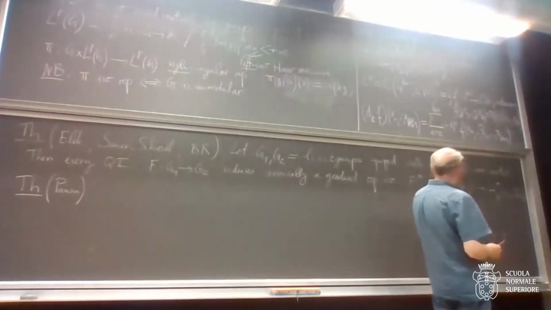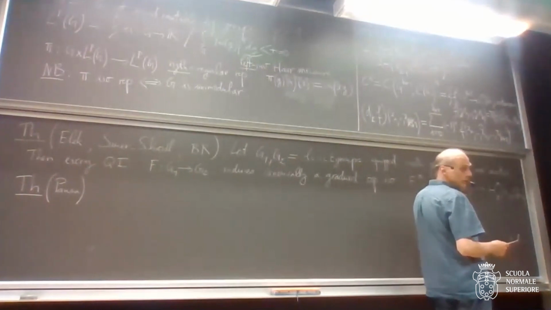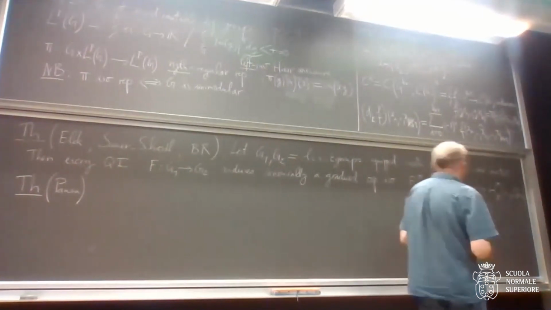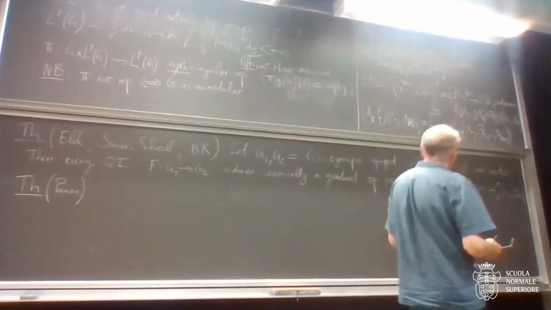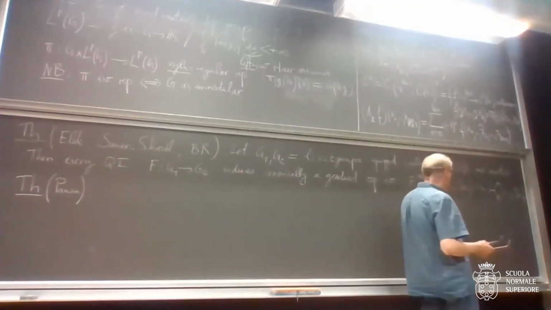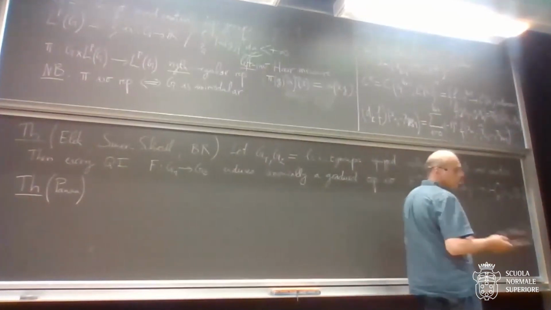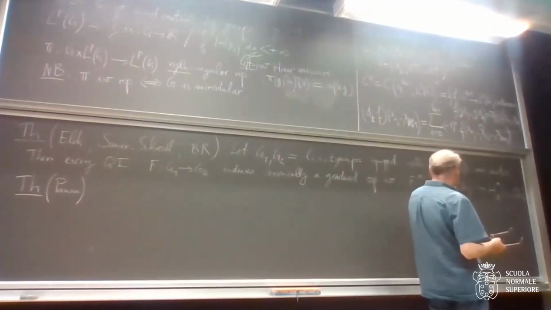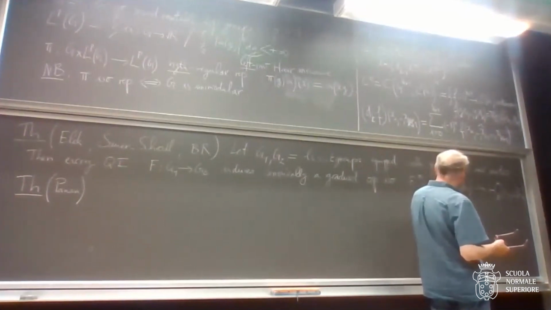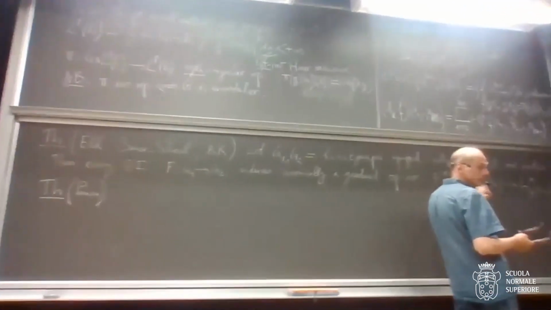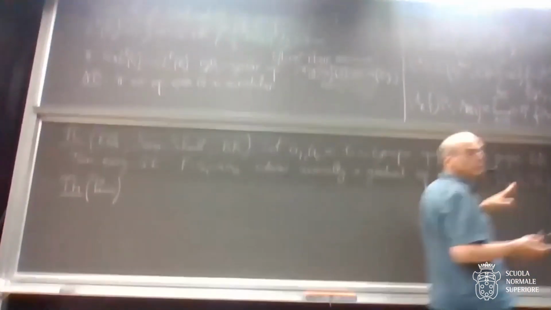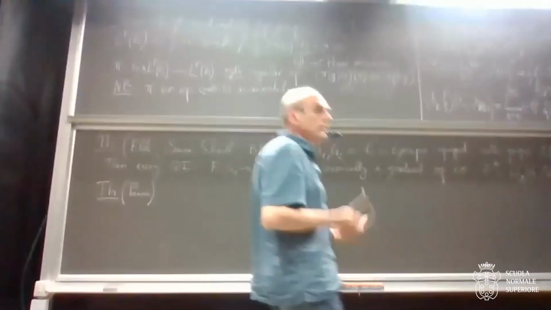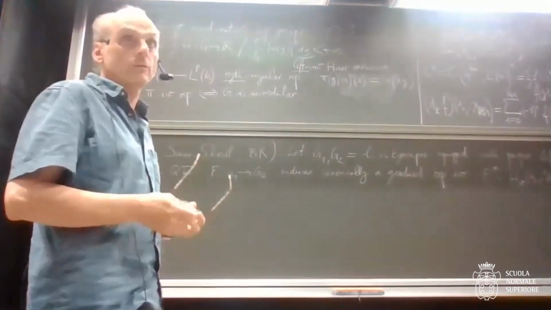So if the group acts properly and co-compactly on, let's say, a contractible simplicial complex, then the Lp-cohomology of the simplicial complex will be the same as this. For example, for a compact group, this is 0. It is a general fact that continuous cohomology with values in any representation is 0 for compact groups.